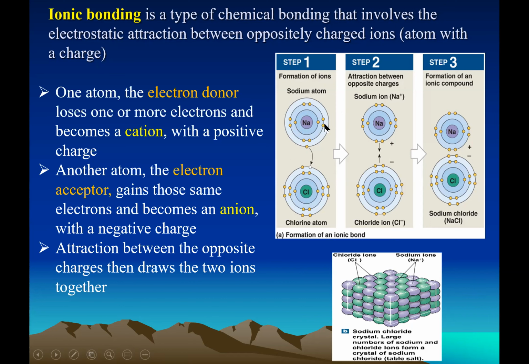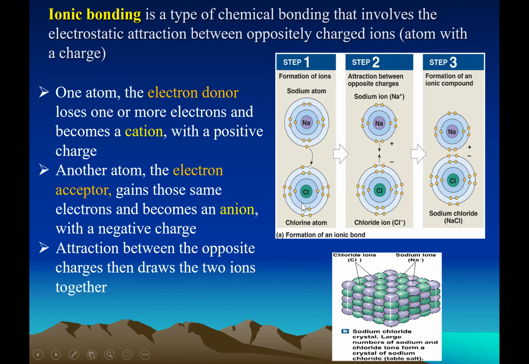The second one has 8, whereas the third one has just 1. So, in order for the third shell to be stable, it needs 7 more electrons. So, in order to achieve stability, it will donate an electron, thereby the sodium atom will become positive.